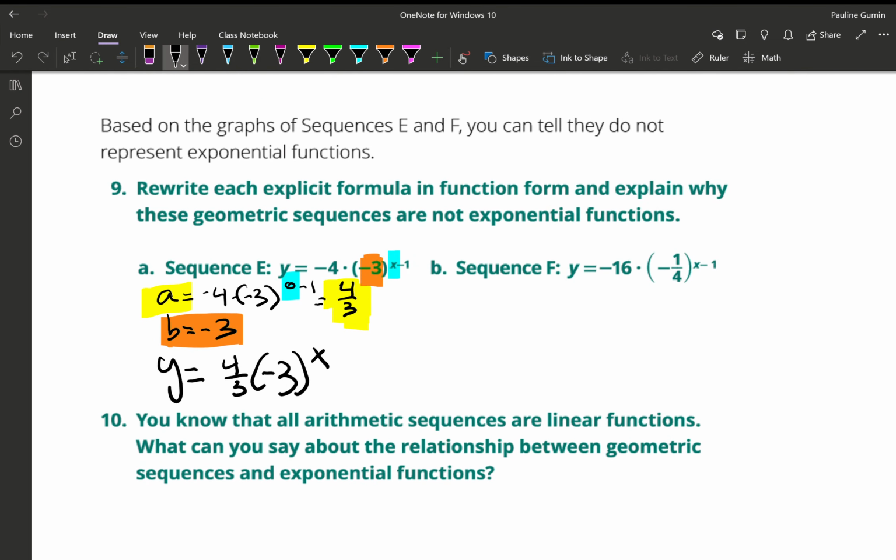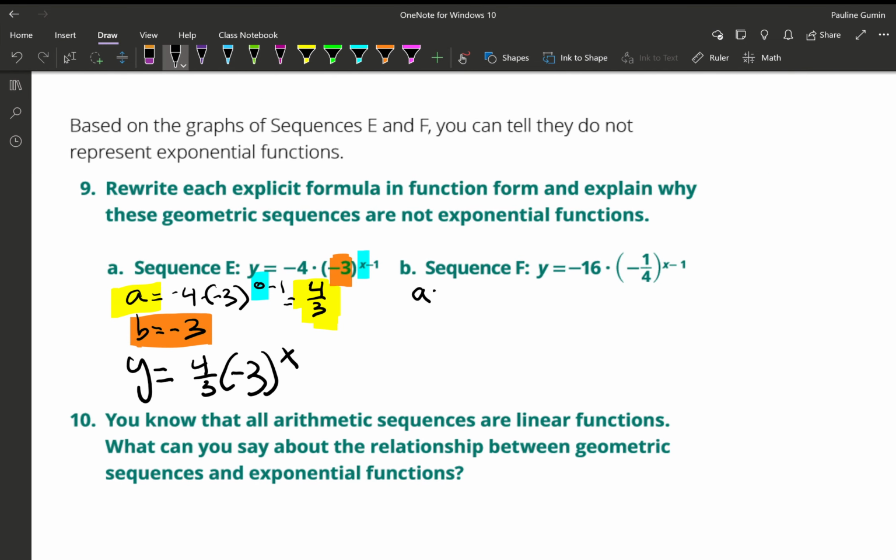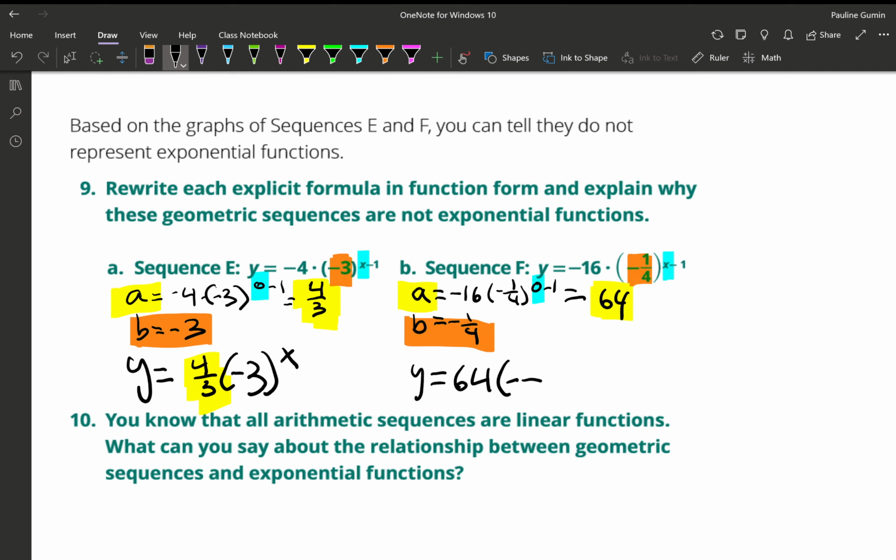Let's do the same thing for sequence F. Our a is -16 times -1/4 to the power of 0 minus 1. Our b is -1/4. And that gives us positive 64. So our function becomes 64 times -1/4 to the power of x.